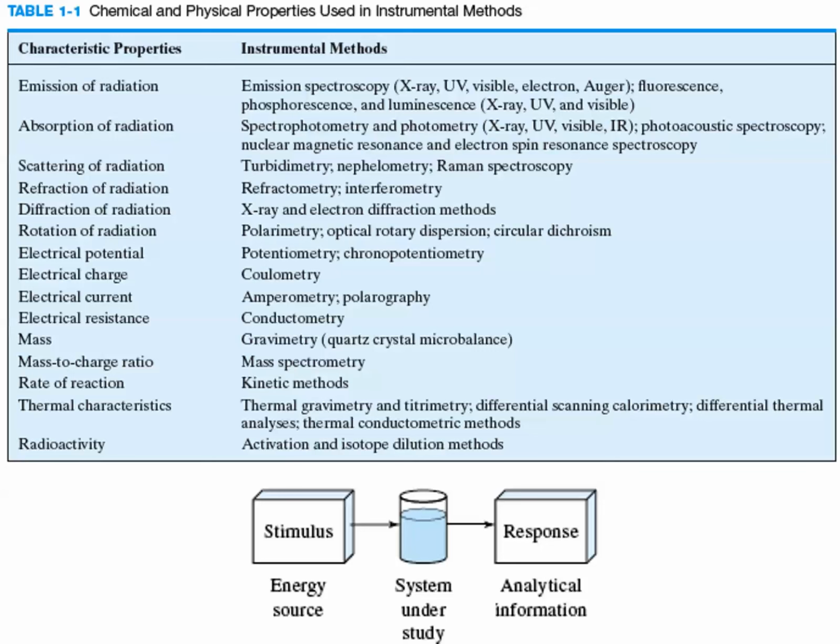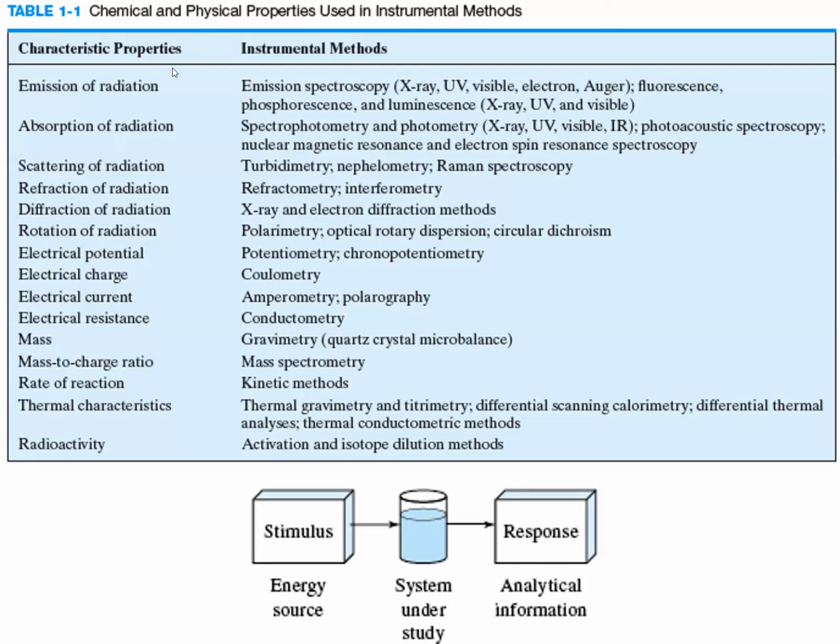Before I look at each one of them, there is a chart given in your textbook, which is very useful for us to try to understand what is involved in chemical and physical properties that are used in this instrumental method. This is table 1.1 in our textbook. You will notice some of the characteristic properties that we are after and the instrumental methods that use that particular characteristic.